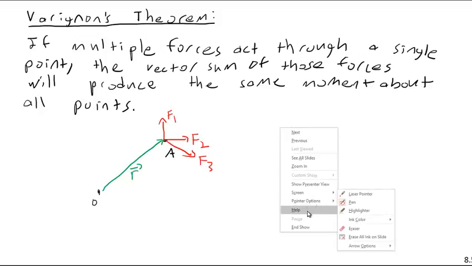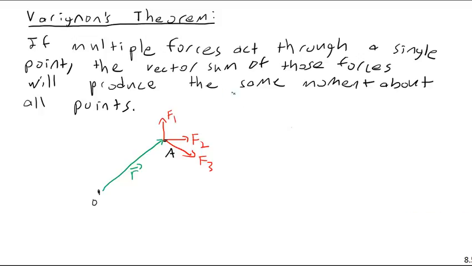Well, instead of doing that, let's say I come along and say, let's just say Fs, the sum, is F1, and these are all vectors, plus F2 plus F3. And then I could just replace these with Fs.